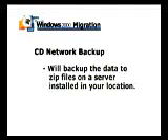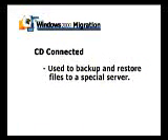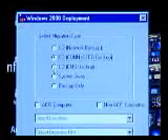This will back up the data to zip files on a server installed in your location. CD connected. This is a special process used to back up and restore files to a special server. This option uses an agent that is installed onto the PC ahead of time. The lead tech will tell you when it is appropriate to use this option.